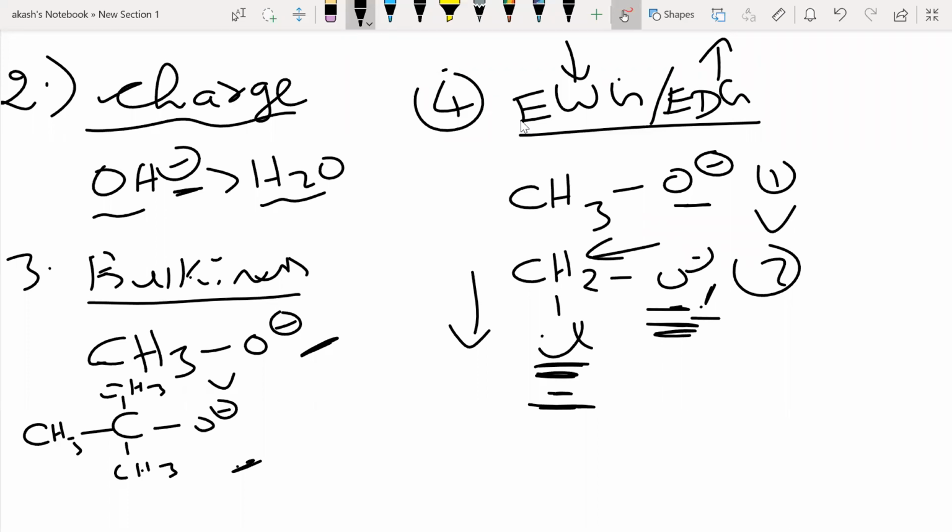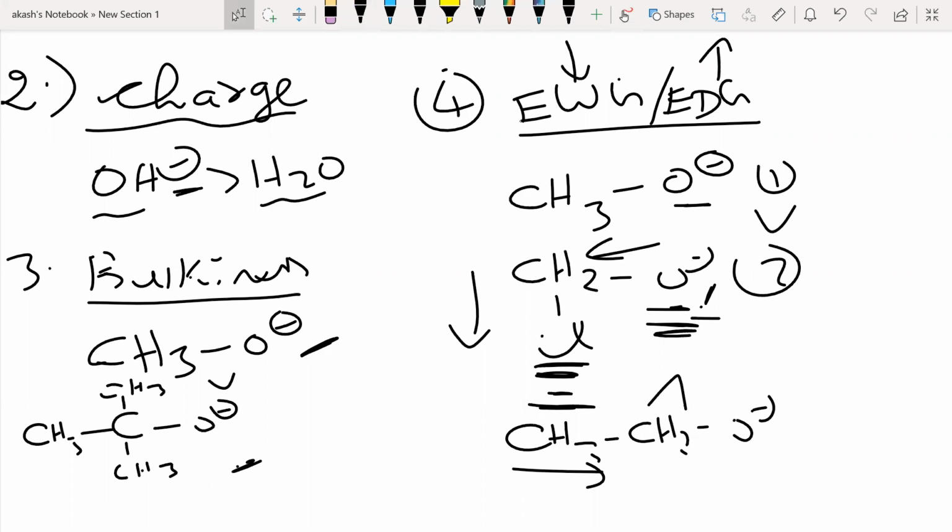Say for example, if I had given you CH3CH2O minus, definitely in this case this would have been the best nucleophile because I have an electron donating group here. CH3 is an electron donating group, right? So I hope this is pretty logical. Done. That's the fourth criteria.